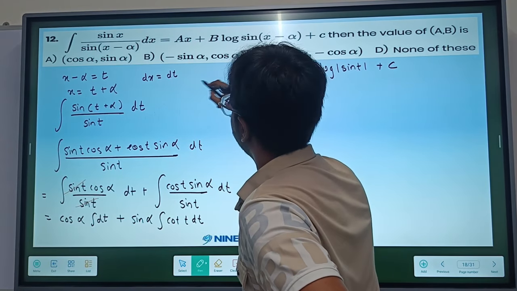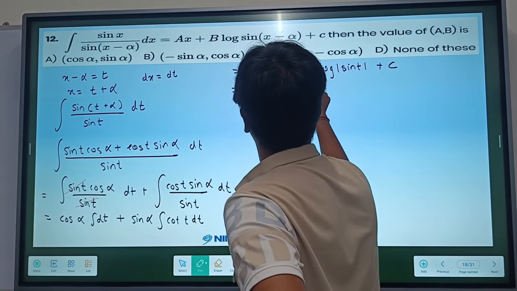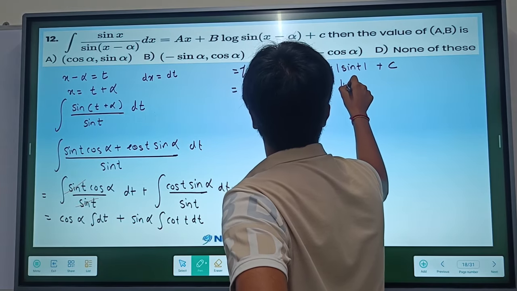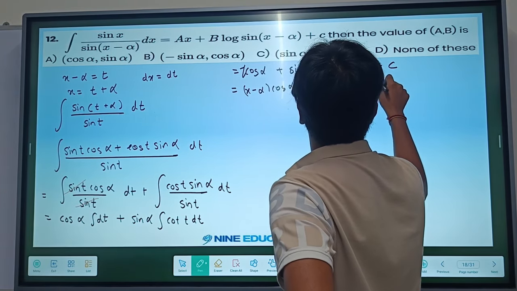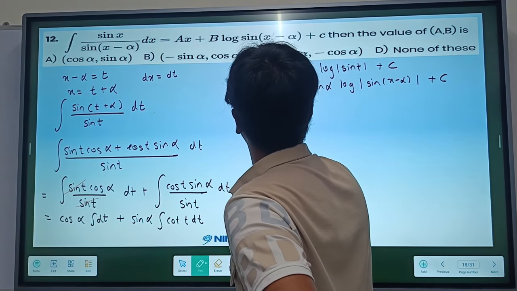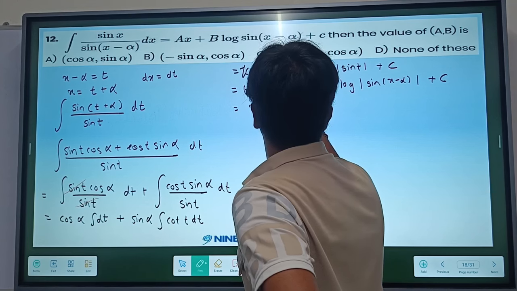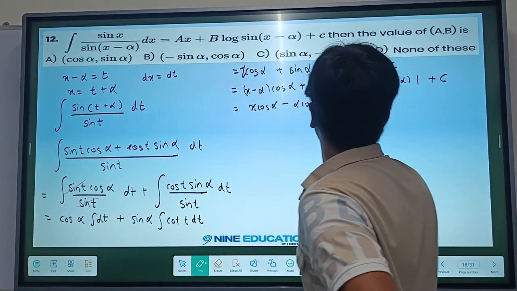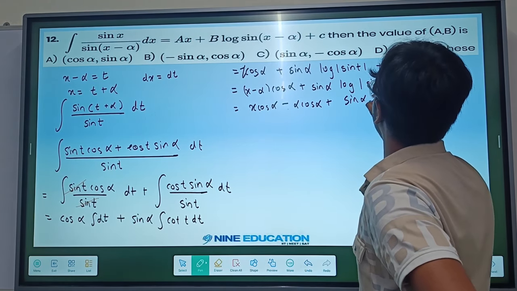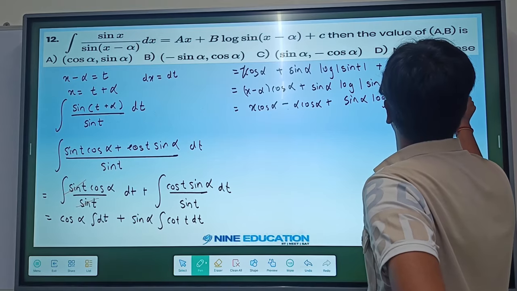So what is t here? t is x minus alpha. So x minus alpha into cos alpha plus sin alpha into log mod sin of x minus alpha plus c. So it will be x cos alpha minus alpha cos alpha plus sin alpha into log mod sin of x minus alpha plus c.